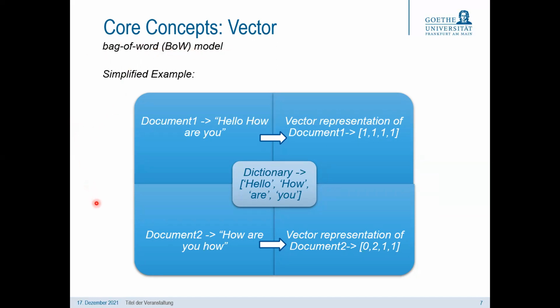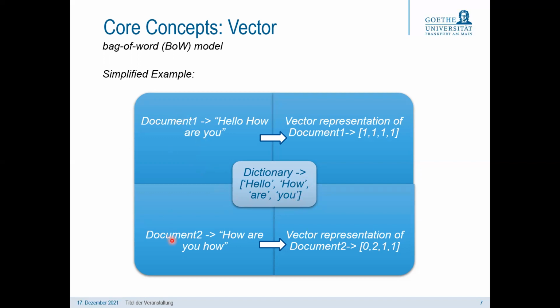Here we can see a simplified example, but before it, let's talk about what the bag of words is and how it works. In this approach, each document is basically represented by a vector containing the frequency count of every word in the dictionary, as we can see in our simplified example. In the dictionary, we have only 4 words because we simplified it: hello, how, are, you.